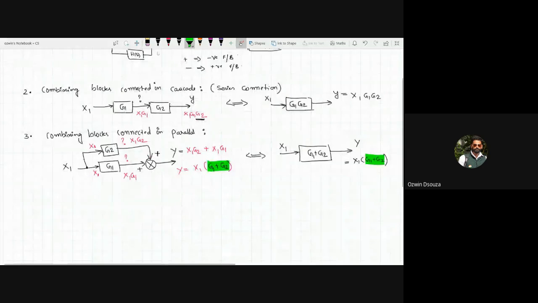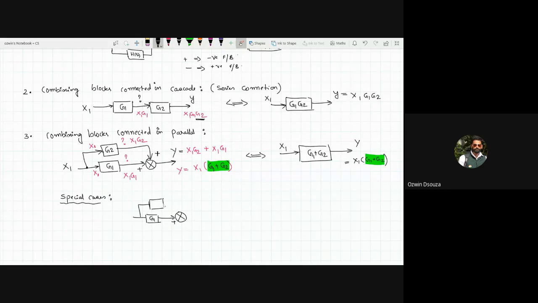Now, there are some special cases. Let me discuss the special cases over here itself. Let's say you have a block arrangement of this kind. This is your summer. Somewhere here you have an addition sign, and somewhere here you have, let's say, a subtractive sign. This is your output, and this is your input. So what is the output in this particular case?